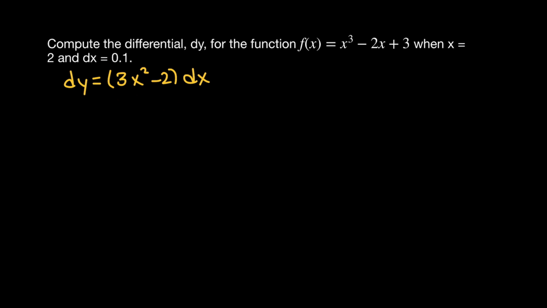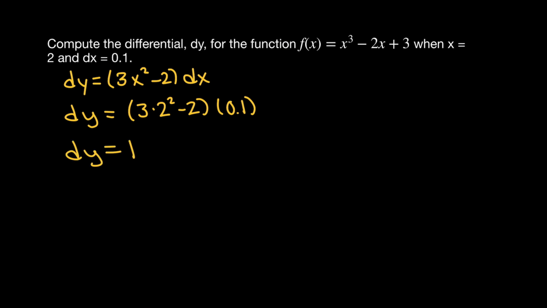We can plug numbers into this. We can compute the differential when x is 2 and dx, our change in x, is 0.1. So I just plug those numbers in. 3 times 2 squared minus 2, that would be 10, and then times 0.1 is 1. So my differential in this case is 1.